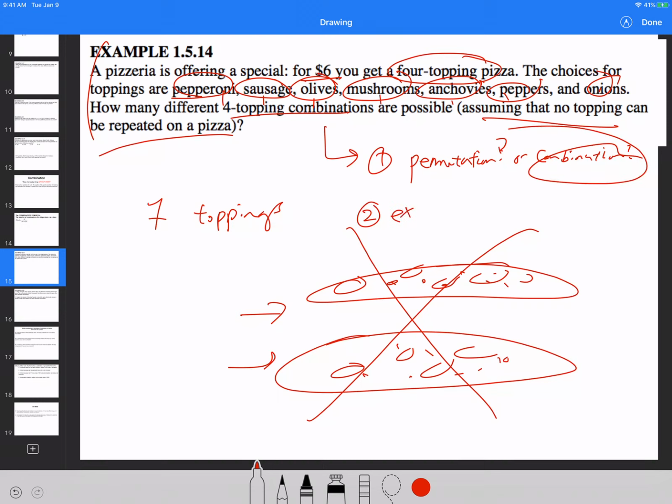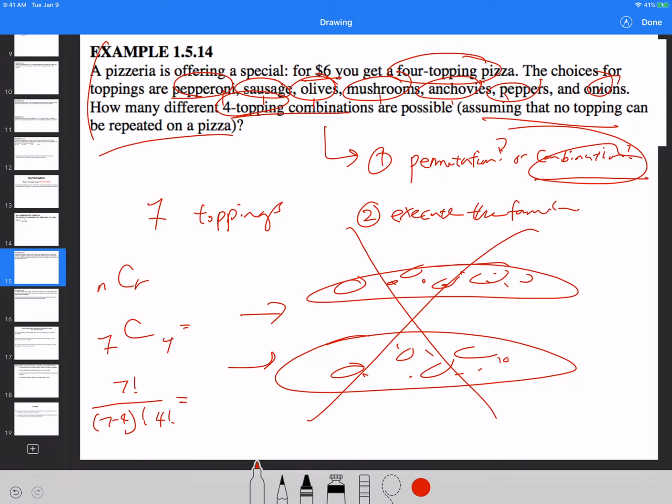Number 2, execute the formula. Once I understand that it's a combination problem, I can do nCr, which is I'm choosing out of these 7 toppings, and I'm choosing 4. So 7C4 is what I'm going to type into the calculator, or I can do 7 factorial over 7 minus 4 factorial times another 4 factorial on the bottom.